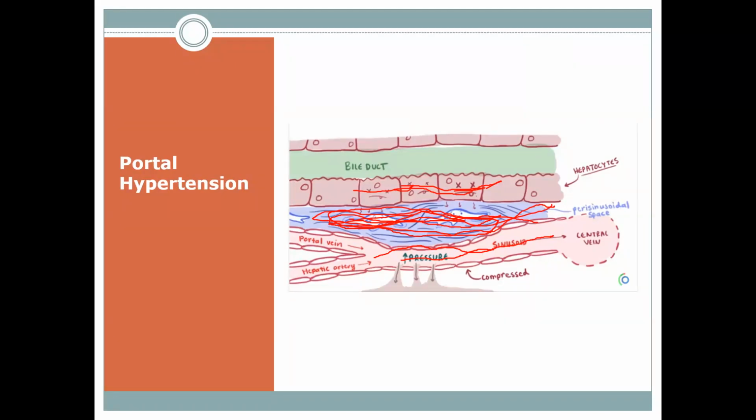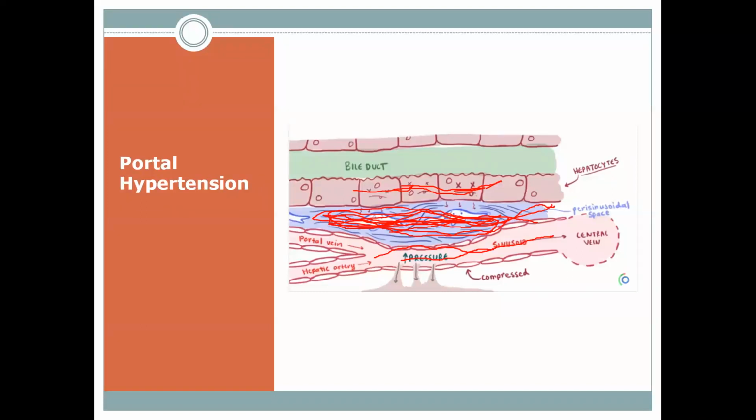Not only do you have fibrous tissue that has increased the density of the liver tissue and hinders the flow of blood into the liver, but this tissue can also contract, which adds more resistance to the flow of blood into the liver.